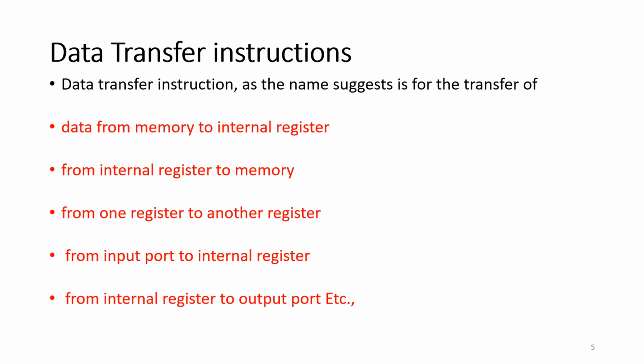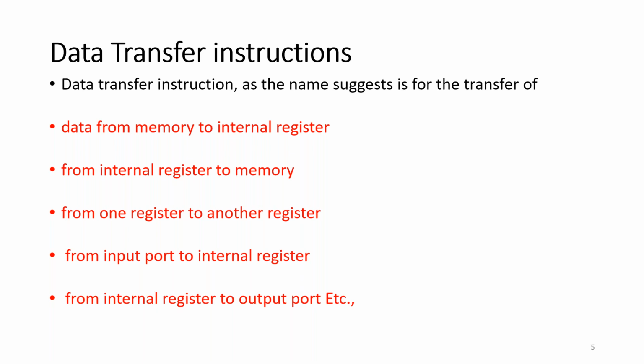Okay, so data transfer instruction. What is the application of data transfer instruction? We can transfer data between different blocks. The blocks are your memory, internal registers, or input output ports. I can transfer data from memory to internal register, or from internal register to memory, or from one register to another register, or from input port to internal register, or from internal register to output port.